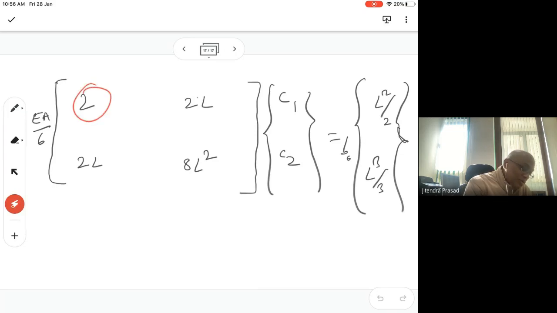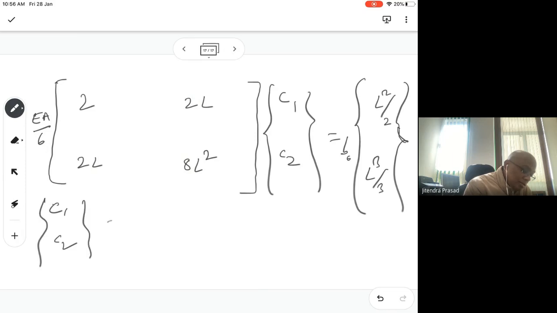We have 2 common, so we can further reduce it. This becomes 3 here, so the equation becomes EA over 3, and then we can write like this: C1, C2 is equal to, yeah, then 6 is there, right?